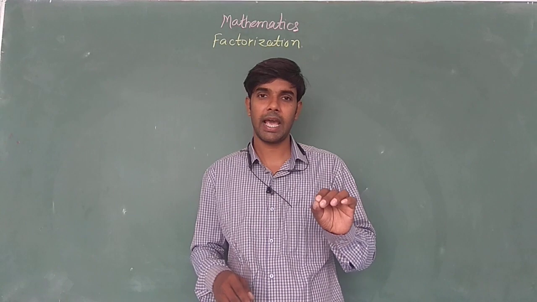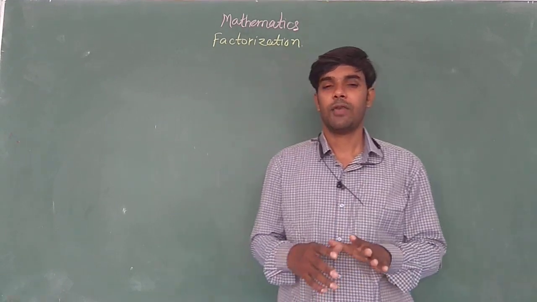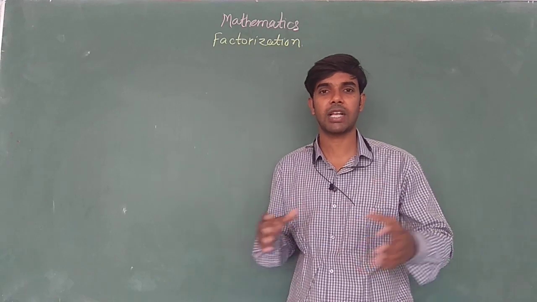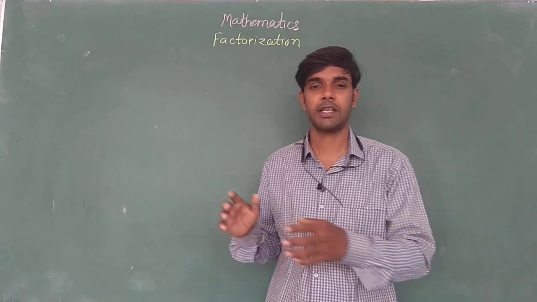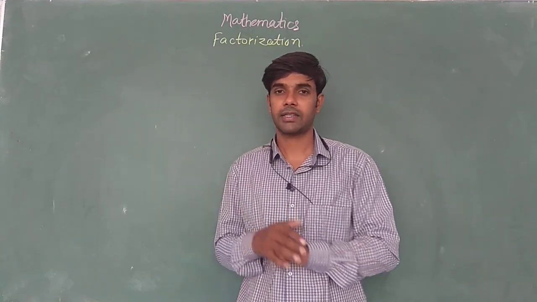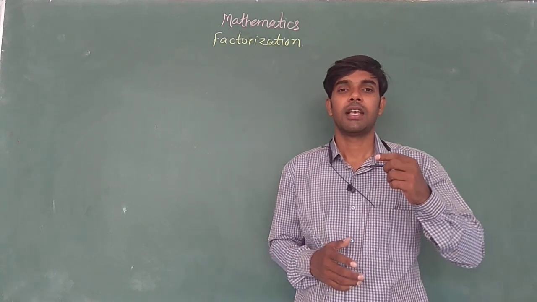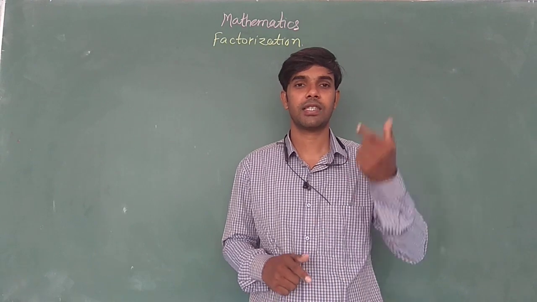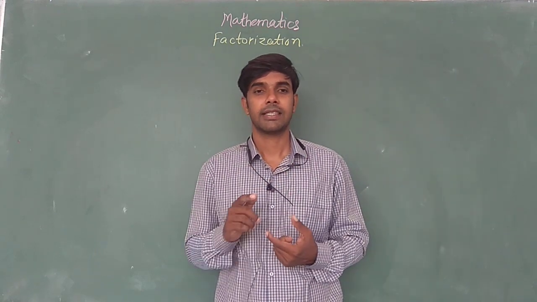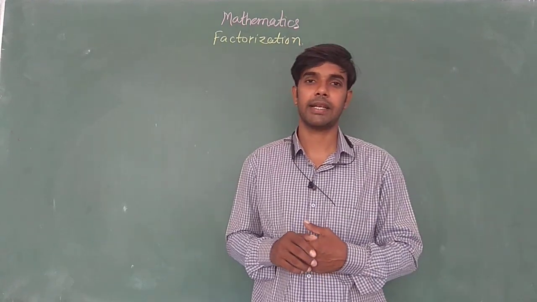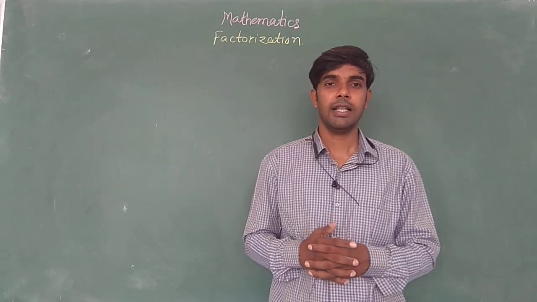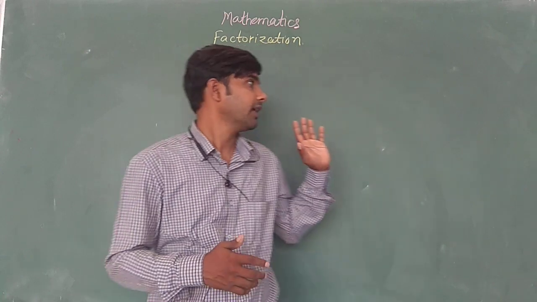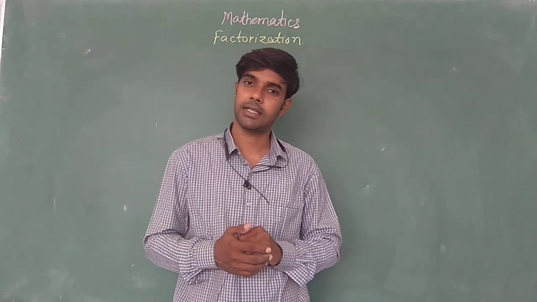For that we use two identities. First one is (a plus b) whole square, second one is (a minus b) whole square. We also saw four or five examples based on this.